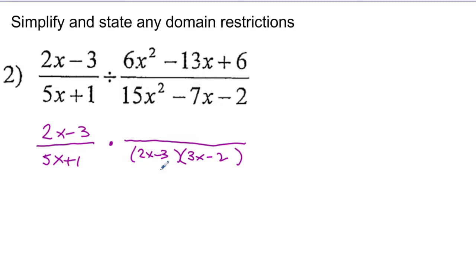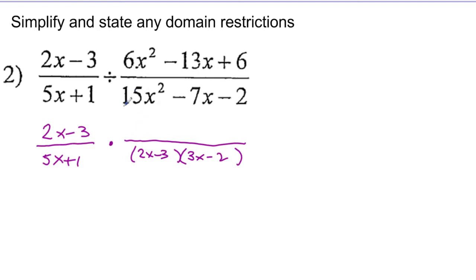We can confirm that this is correct because I have a negative 9x in the middle and a negative 4x, coming from the 2 and the negative 2. So this is the correct set of factoring, and you can do a quick check off to the side after you've done your factoring work.